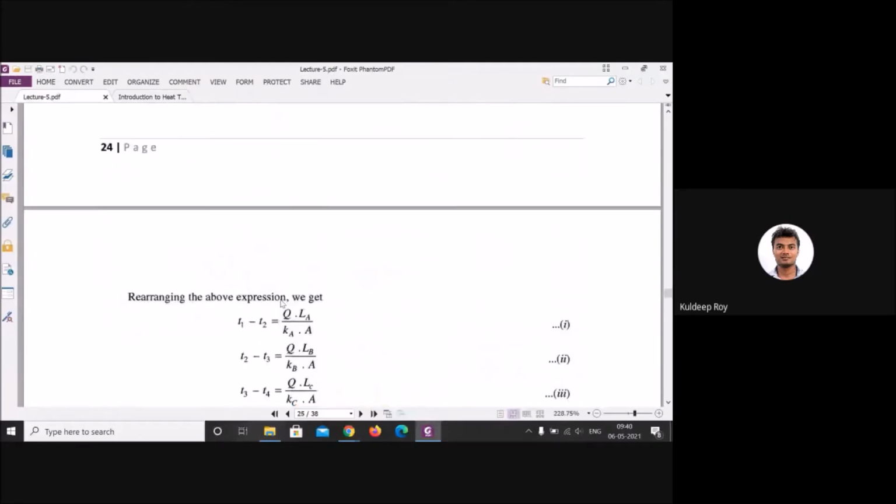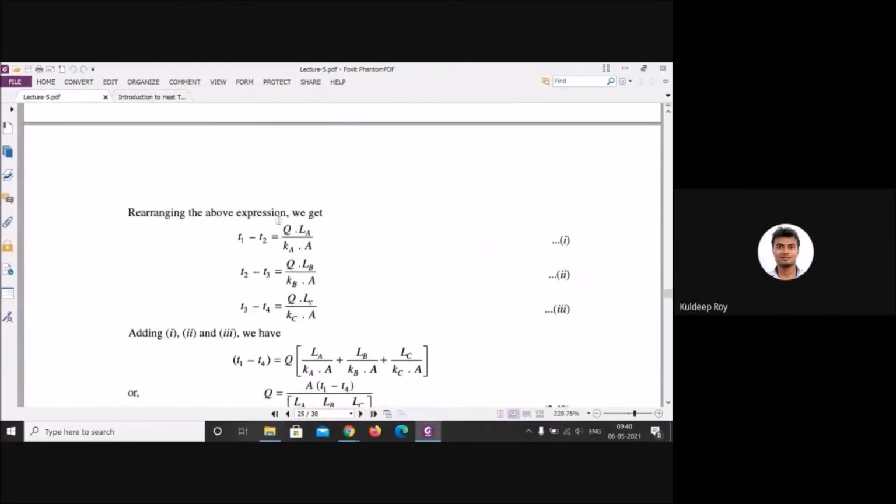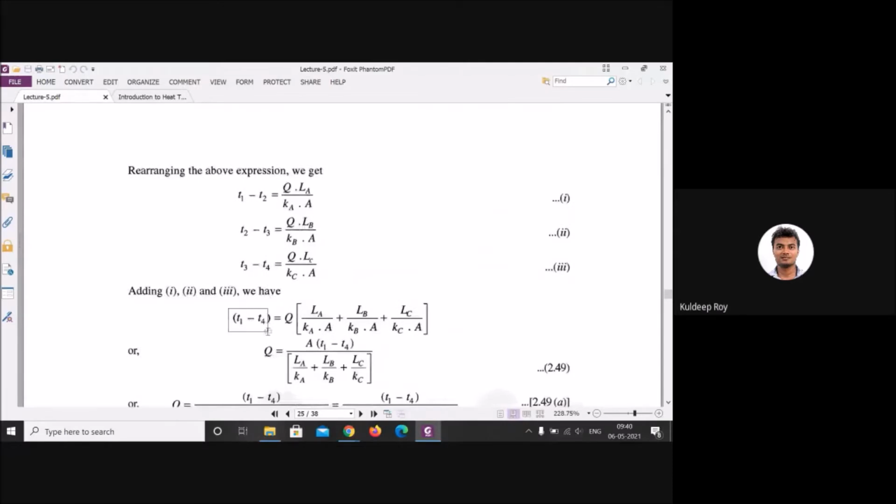After writing the same for T1 minus T2 and T2 minus T3, you have to determine the overall temperature difference. T1 minus T4 will be your overall temperature difference. Then just take Q out common, then Q will be this value.